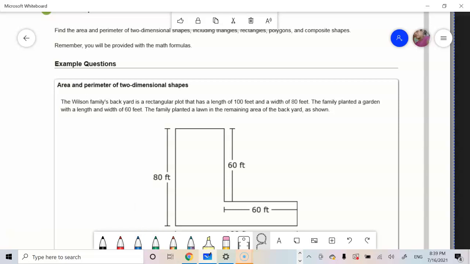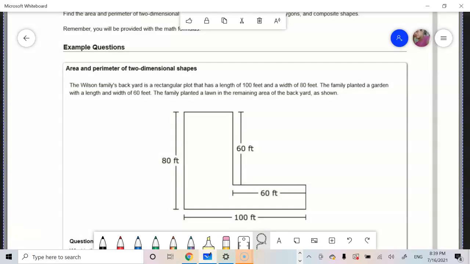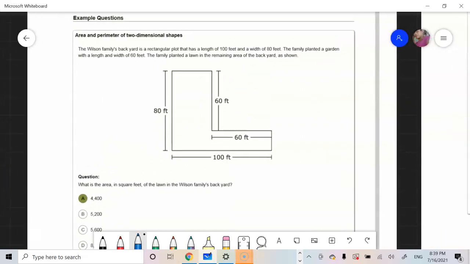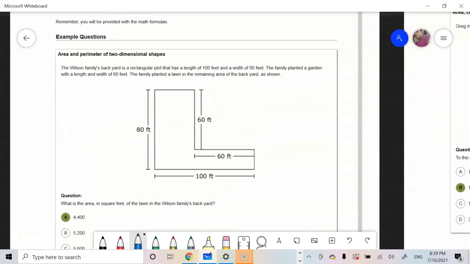Okay, and then we have the area here, okay? So let me see what we got here. So this is the whole area. Let me write the whole area. So then the question is, what is the area in square feet of the lawn in the Wilson family's backyard?